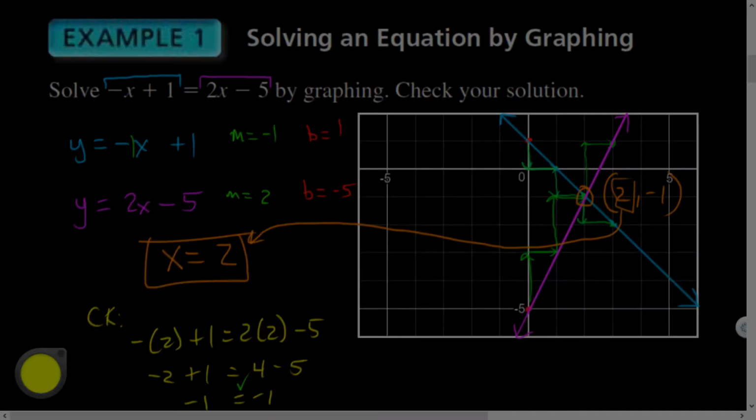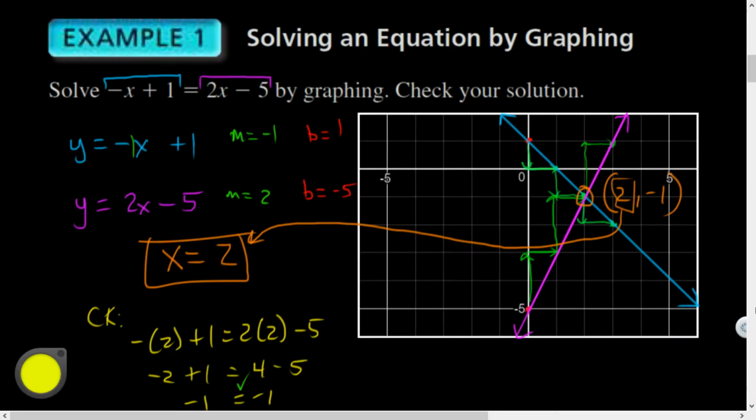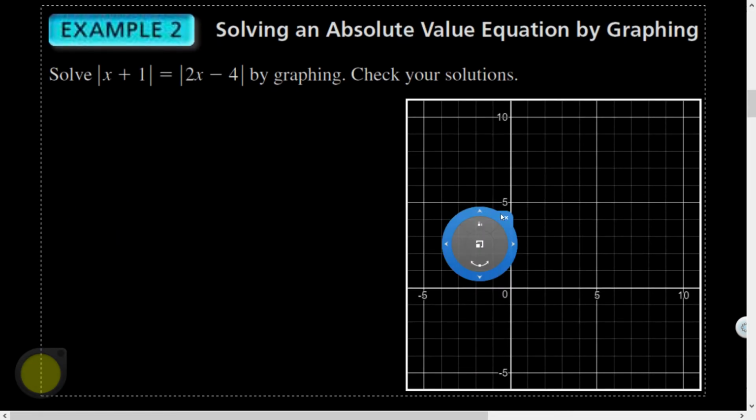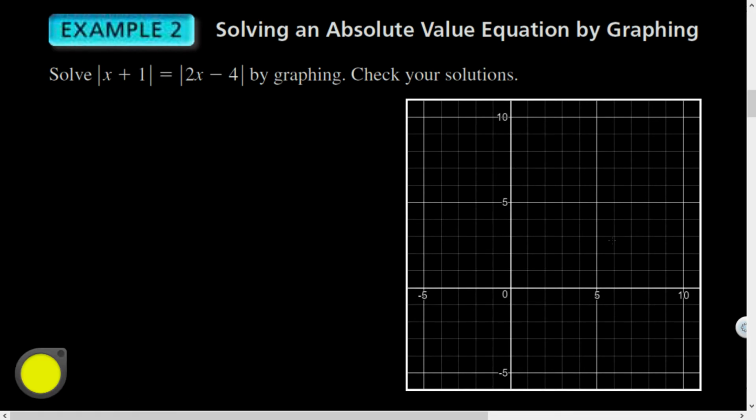Here, how about, here's a more interesting problem. Let's pick it up a notch. Here's an interesting problem. What? Absolute values? No way! Okay, here we go. You guys, I don't even know if you remember this. Do you remember this? Yeah, absolute value.